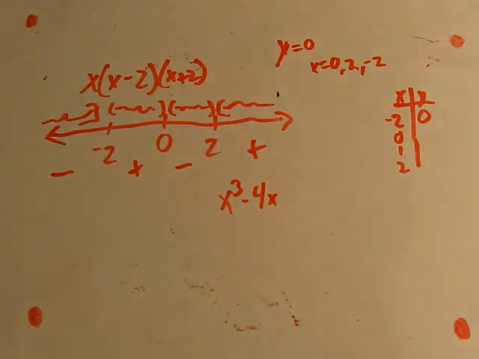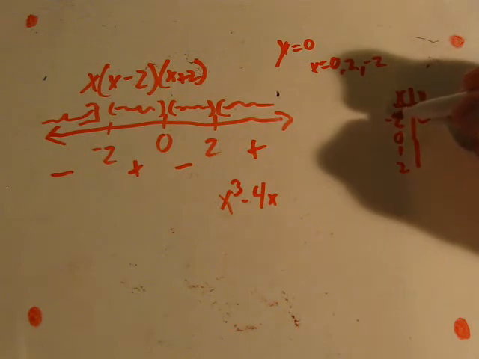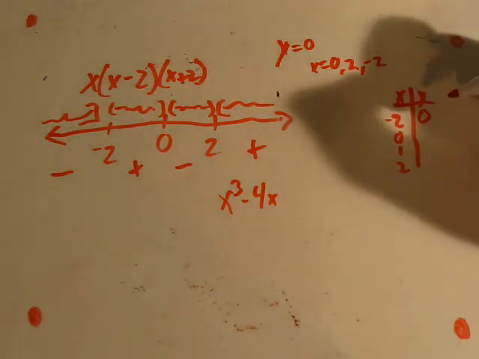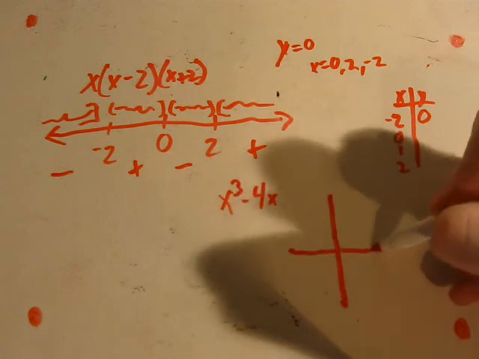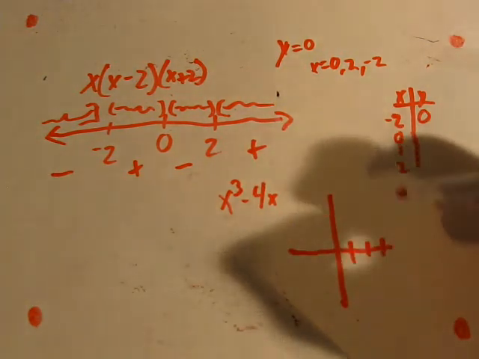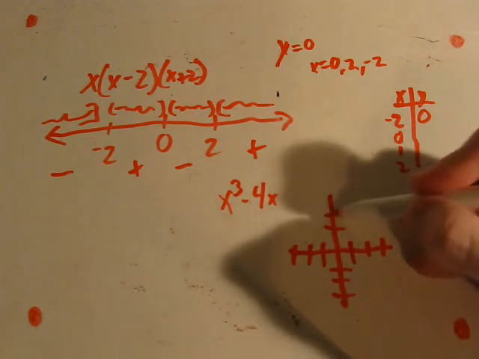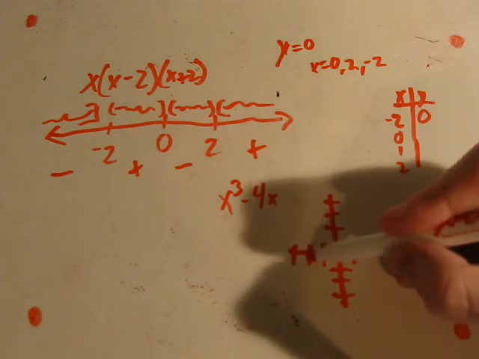Now remember, this means that when you are on the x-axis at -2, you're going to stay on the 0 on the y-axis. So -2 and 0. That's our first point.